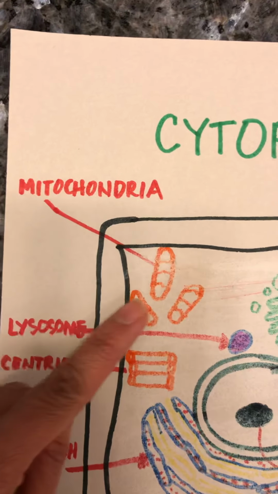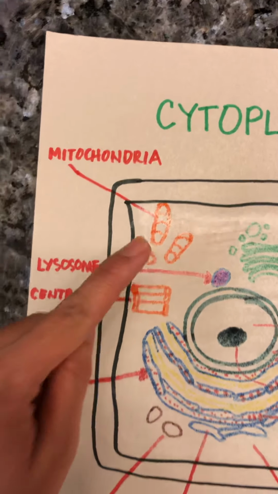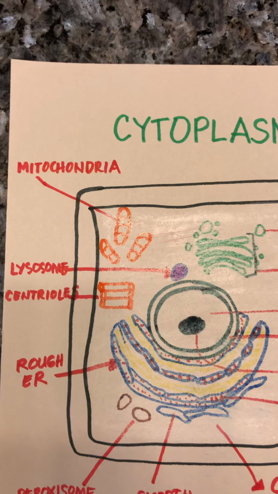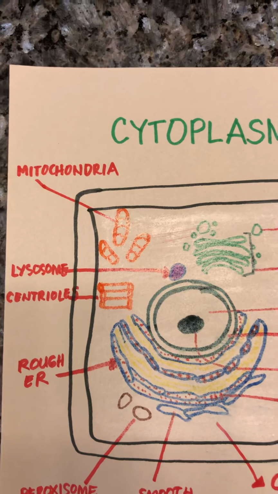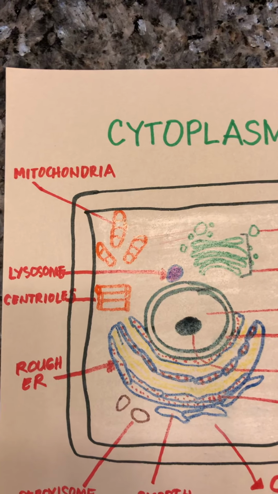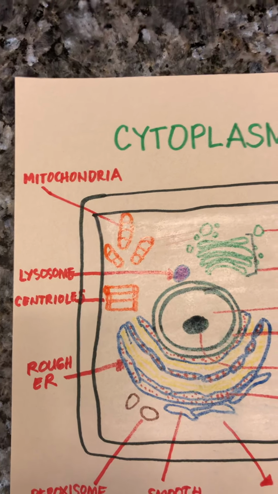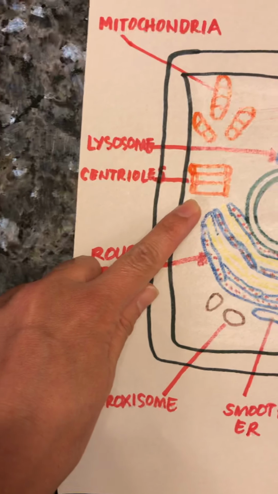Next, we have the mitochondria. They are oval organelles that synthesize ATP. They are often referred to as the powerhouse of the cell. Lastly, we have the centrioles.